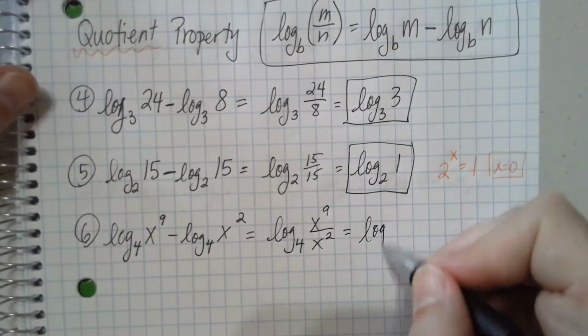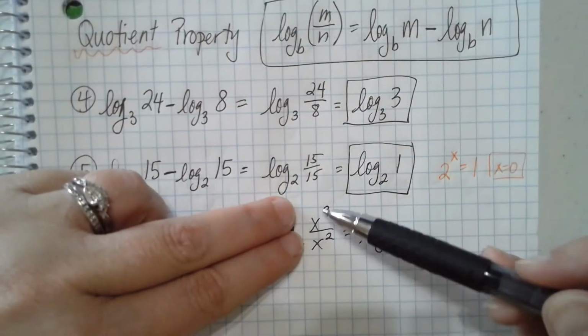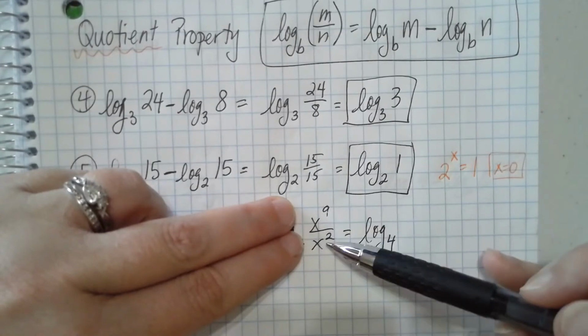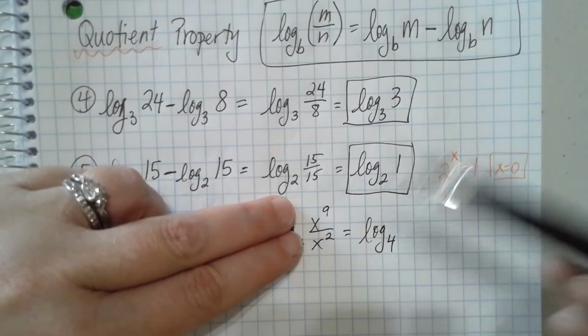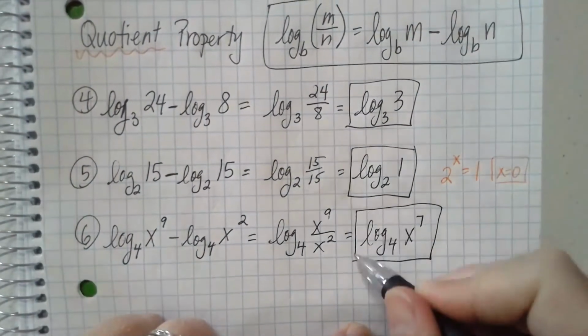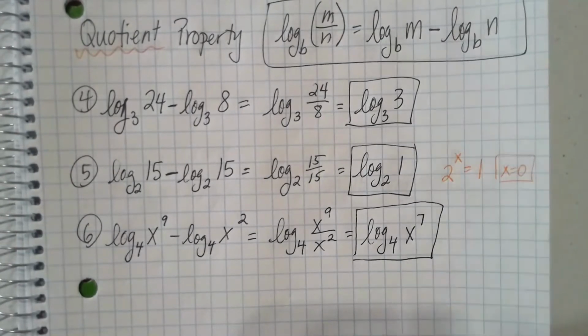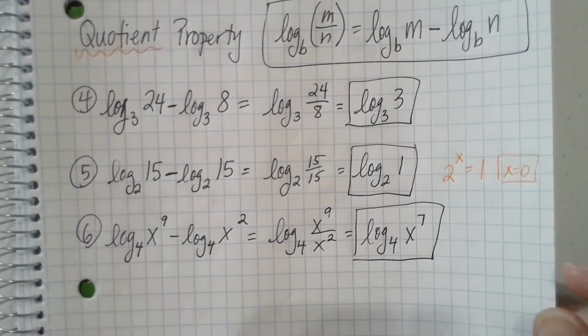So going back to our exponential rules, when I have x to the 9th over x squared, what do I do to those exponents? Subtract them. 9 minus 2 is 7. We're going to leave it in the numerator because there were more on top to start with. And we don't have any way of evaluating that. We have x values. Okay, so that is the quotient property.